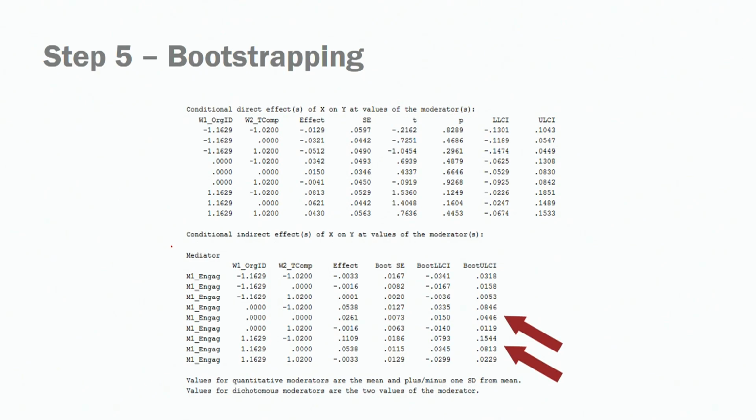Let's take a look at the output here. So we are looking at the indirect effect of job meaningfulness on performance via job engagement. And we are also testing if that indirect effect changes based on values of organization identification and task complexity.